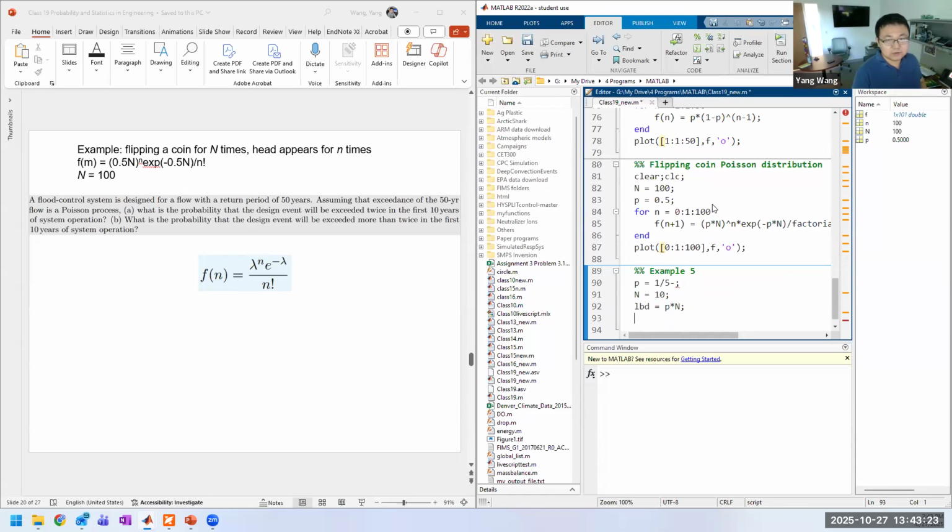So we know that lowercase n is going to be 2. So F2 is going to be lambda to the power of 2 multiplied by exponential minus lambda, divided by factorial of n.